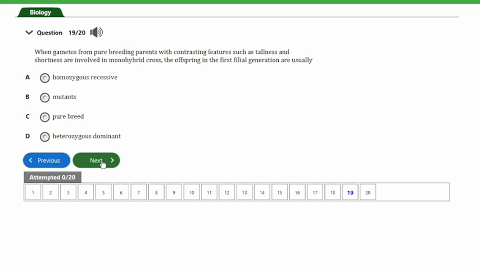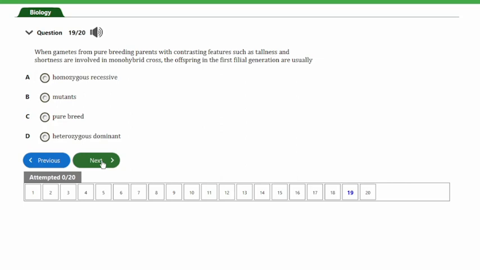So guys, the answer to this question is option D, and that's heterozygous dominant. When gametes from purebred parents with contrasting features such as tallness and shortness are involved in a monohybrid cross, there is usually a heterozygous dominance.